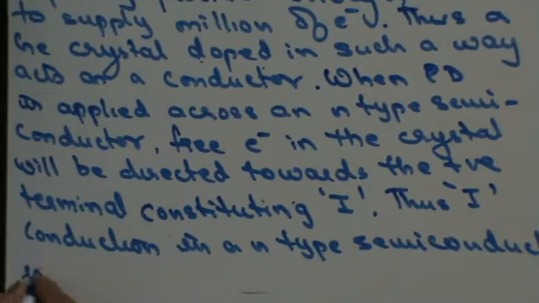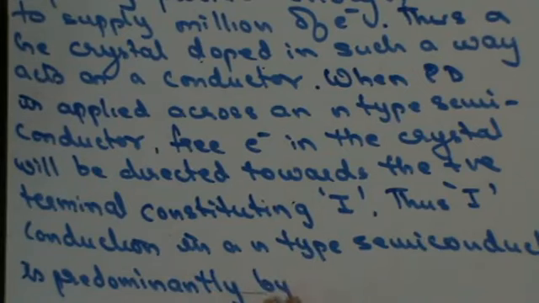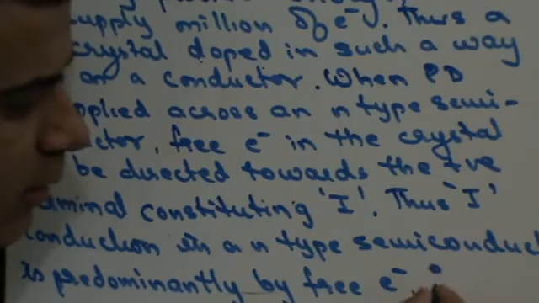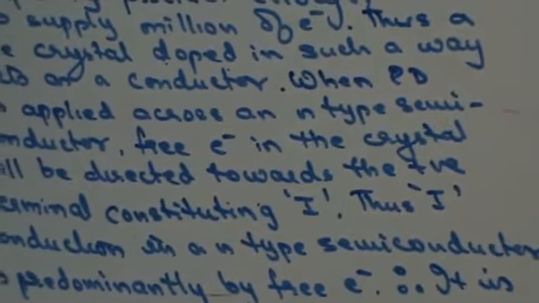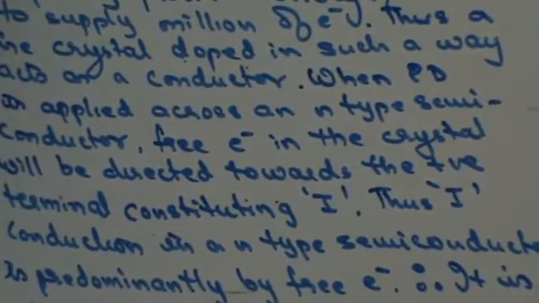Predominantly by free electrons. Right? And therefore it is called an n-type semiconductor.